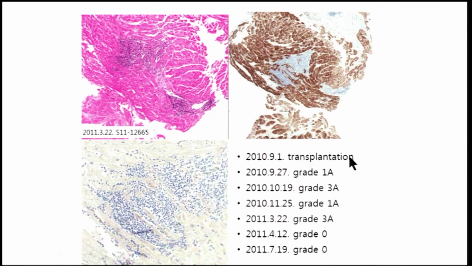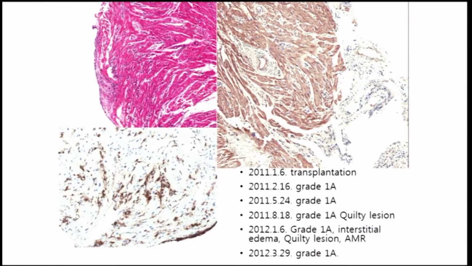And by making serial transplantation biopsies, we can see there were two instances of significant rejection in this patient. So we can review that history, and we don't know exactly what happened to this grade 3A condition, but there will be some reason, recognized or not, and we will look into it.